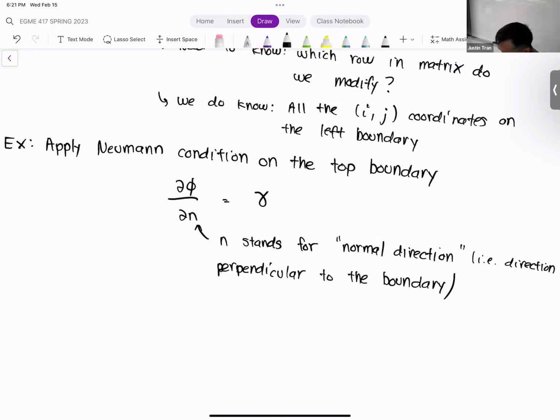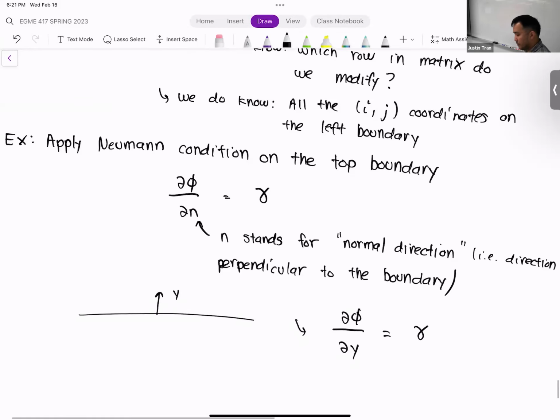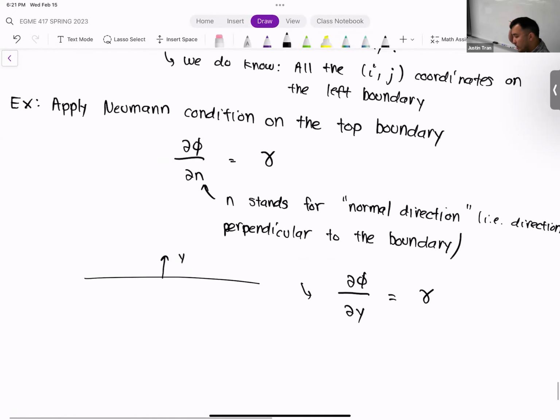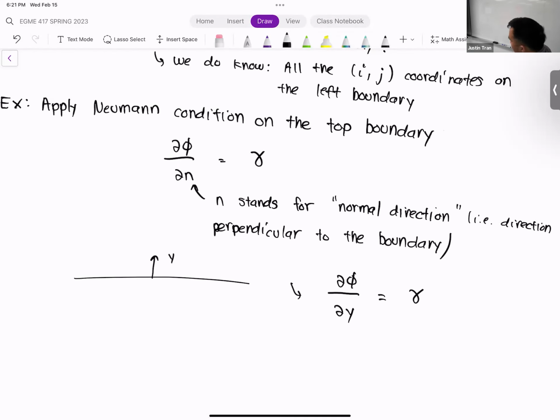And so for the top boundary, the top boundary looks like this. The direction that's perpendicular to it is the y direction, right? And so for the top boundary, this derivative takes this form. It's going to be a derivative in the y direction. This is important because when we're in 2D, the derivatives take a little bit of a different meaning.